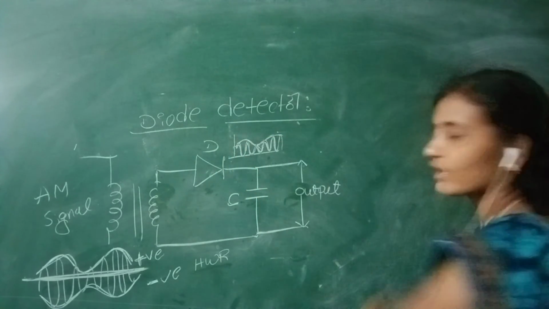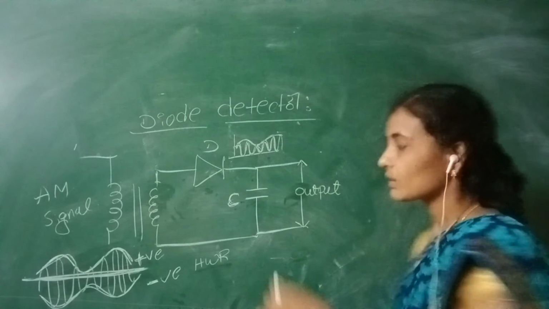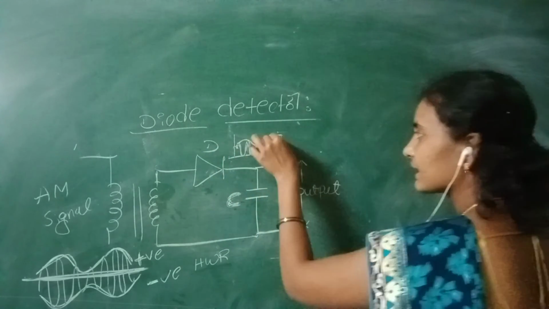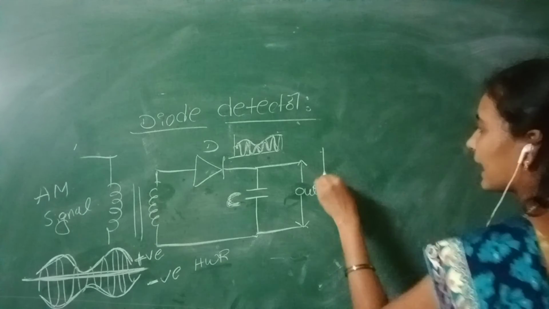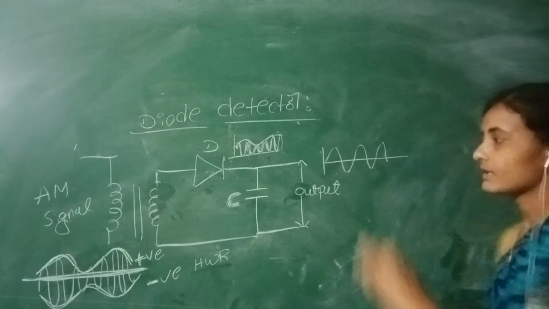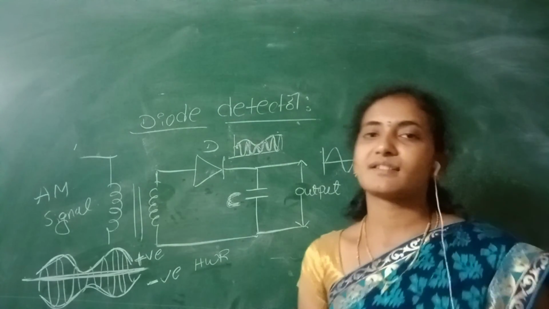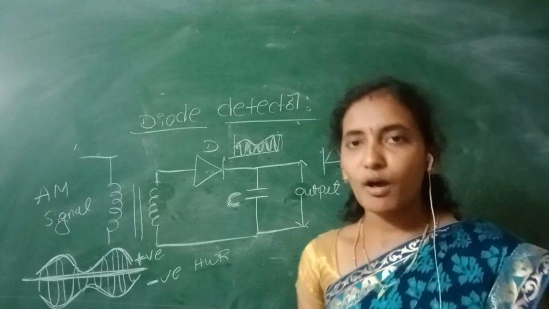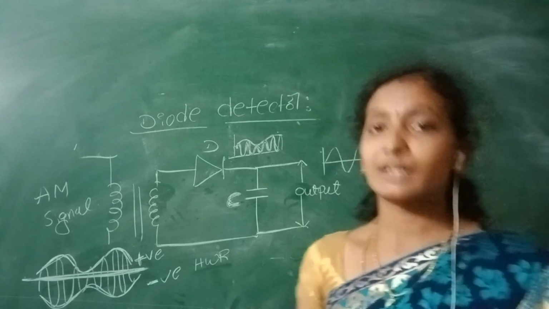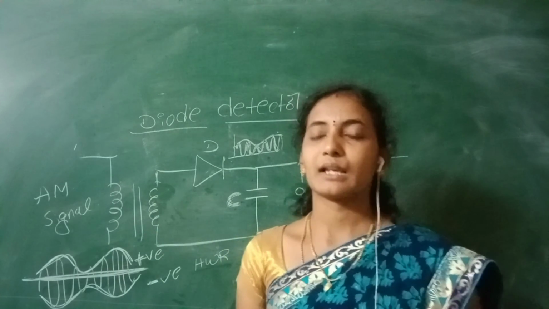The capacitor is the best example of a filter, so by using this capacitor, we can eliminate the unwanted carrier signal. At this output we can observe the message signal like this. This is the output of the diode detector. The diode detector is a simple circuit made up of a simple diode. So this is one of the demodulation techniques for separating the message signal from the AM signal. Okay, thank you.